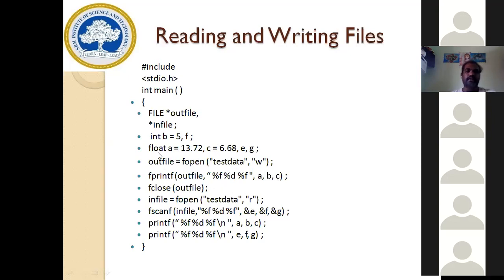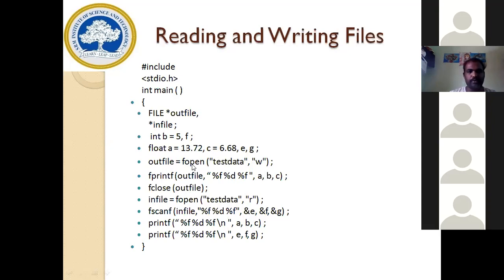Here for the output file, fopen opens the file named test data for writing purposes. And with outfile, fprintf, generally whatever values the variables hold are going to be written into this test data file.